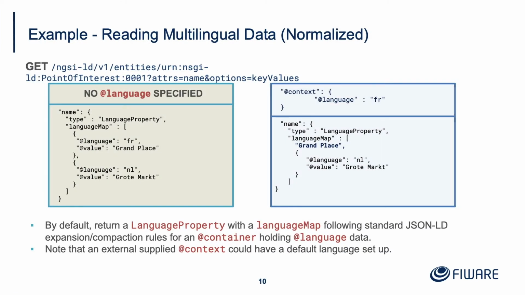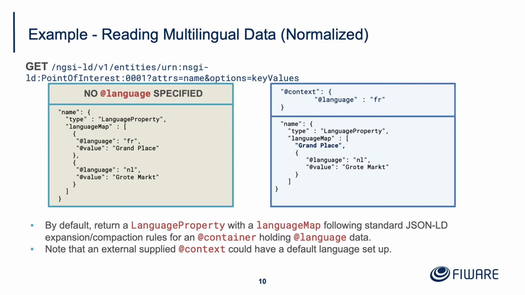When you read multilingual data, the response defined by JSON-LD will depend on the @context @language, which is defined in your request.